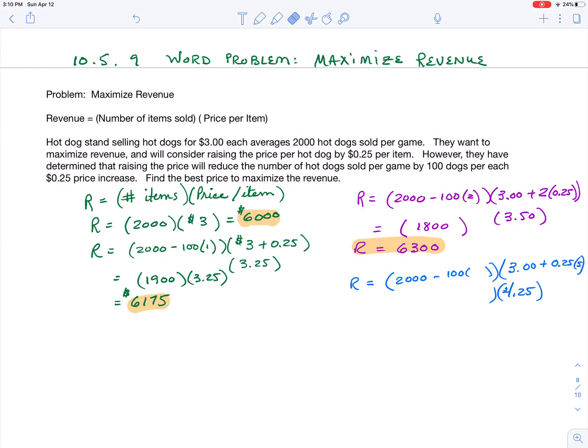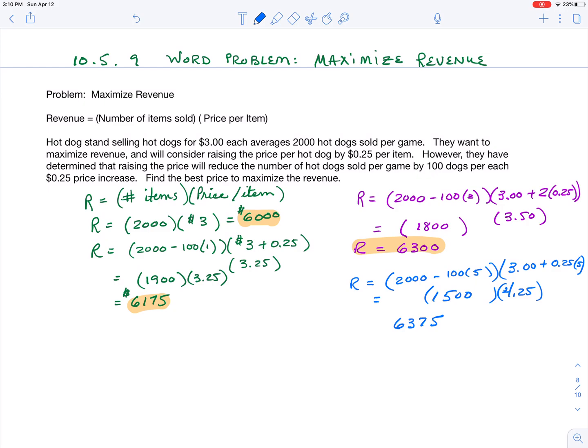Yes, 5 for $1.25. So this would come down by 500. We'd be down to only 1,500 hot dogs sold. And let me grab my calculator again and multiply 1,500 times $4.25. And you can see that that is $6,375. Well, that's still higher than what we were working with.